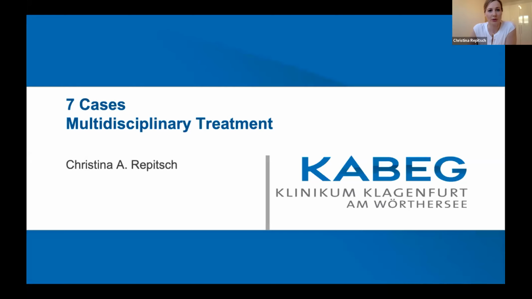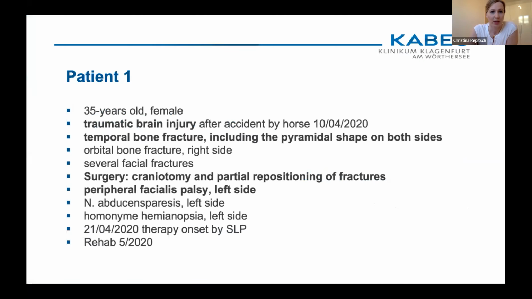So now I want to show you 4 different cases of multidisciplinary treatment with the focus on speech and language therapy. So the first patient is a 35-year-old female patient. She had a traumatic brain injury after a riding accident.